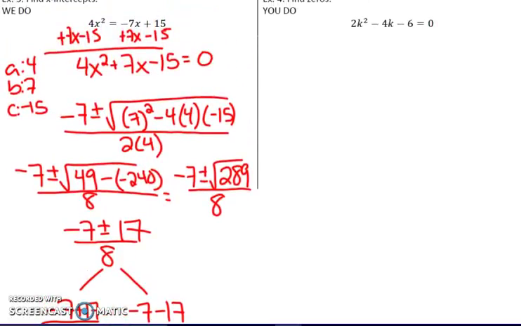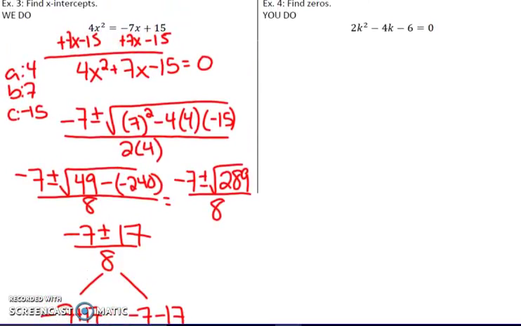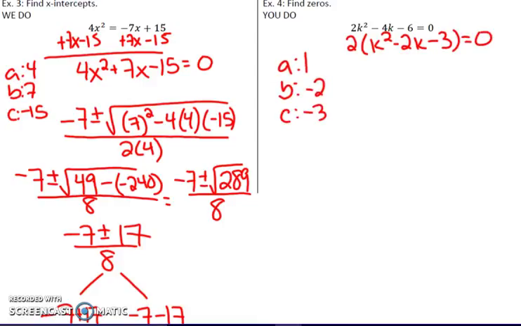Now, if we look at example 4, it's asking us to find the zeros. Same steps, we still want to use the quadratic formula, except in this case we have a GCF, so we're going to factor out a 2. We have k squared minus 2k minus 3 is equal to 0. From here, a becomes 1, b is negative 2, and c is negative 3.